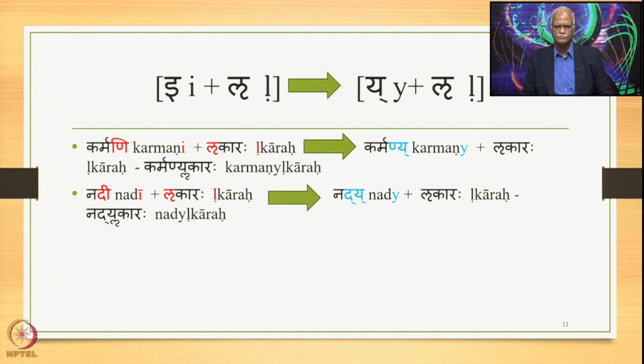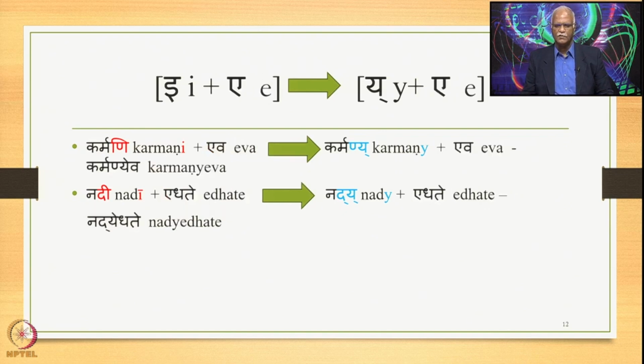Similarly, Nadi Lukaraha and 6177 will apply and generate the output Nadya Lukaraha, Nadyalukaraha. This is about Lu.